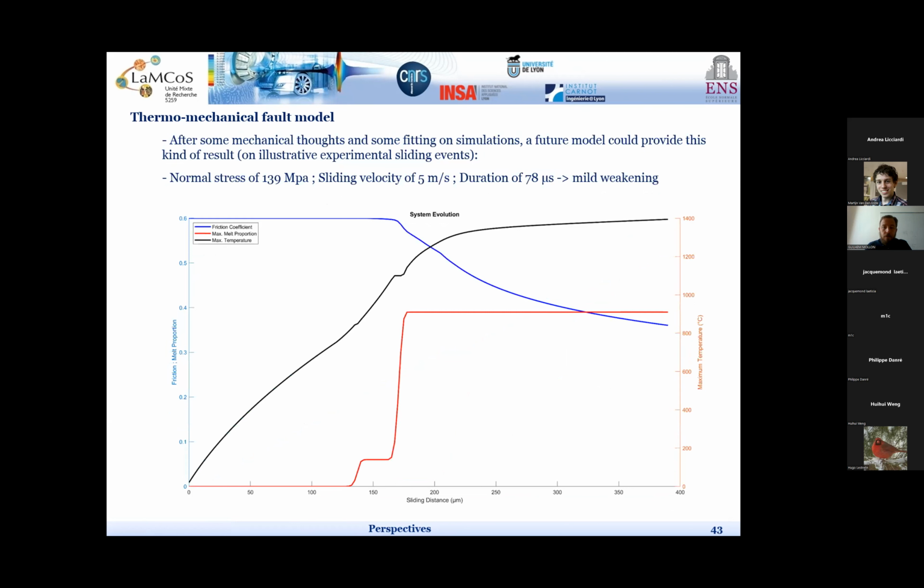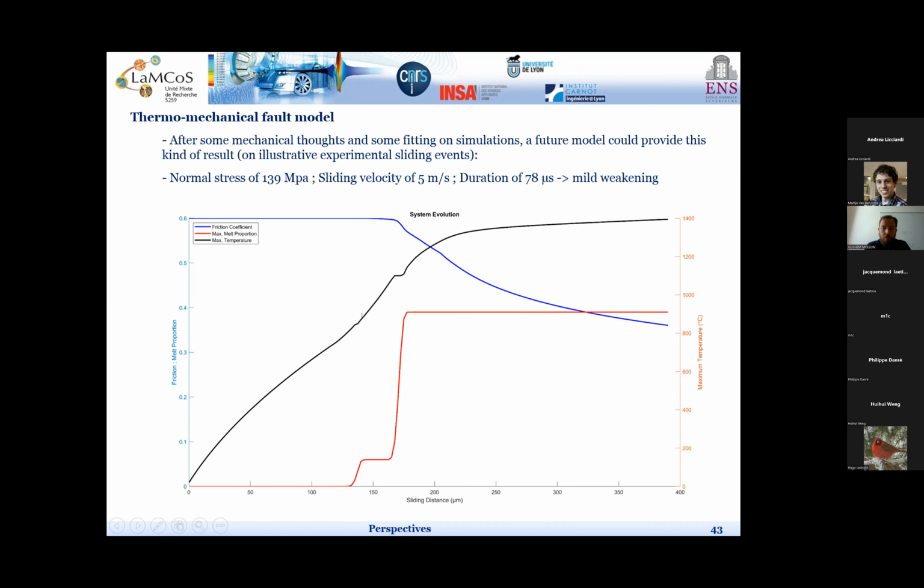And this, when we combine it with heat creation and with heat diffusion and so on, can lead to this kind of system. So I'm not going to present the model which led to this because it's a very preliminary model, but we can have this kind of behavior where when we slide here, sliding distance, we first increase the temperature in the gouge, but then we reach the melting point of biotite. So we add a bit of melt in the mixture, which lowers the friction coefficient here.